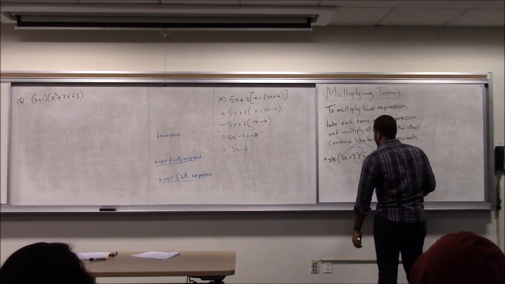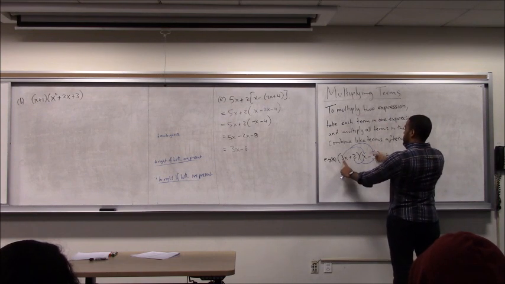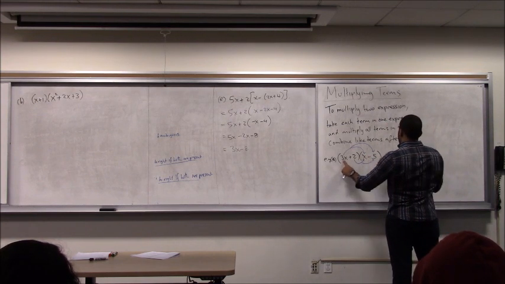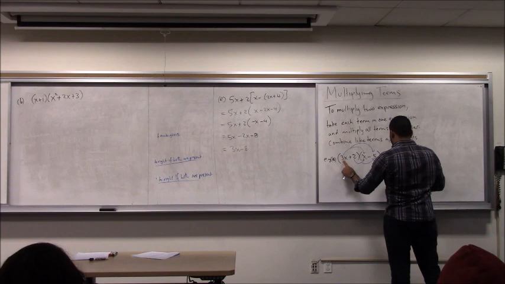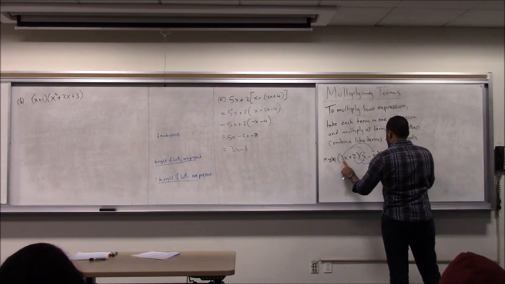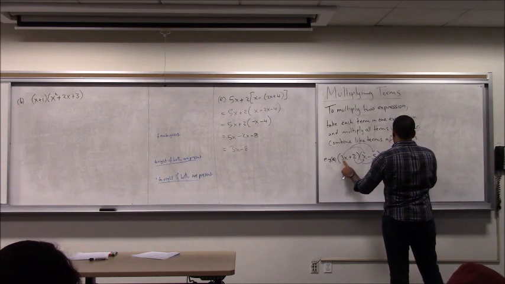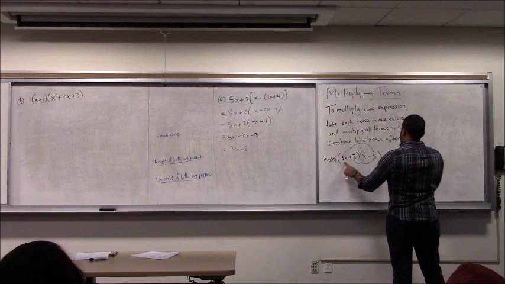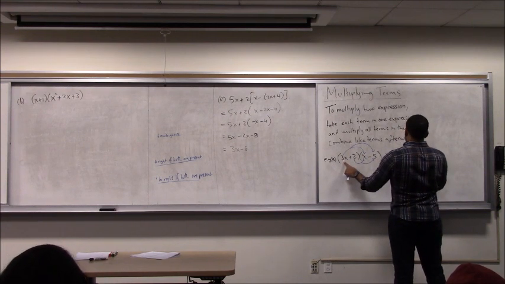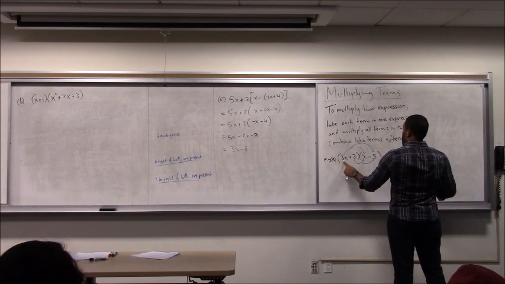But after doing that, you'll take the 3x and you're going to multiply everybody. So it's 3x times x squared, 3x squared. 3 times minus 5, minus 15x. So you take this guy, multiply everybody in that parenthesis.